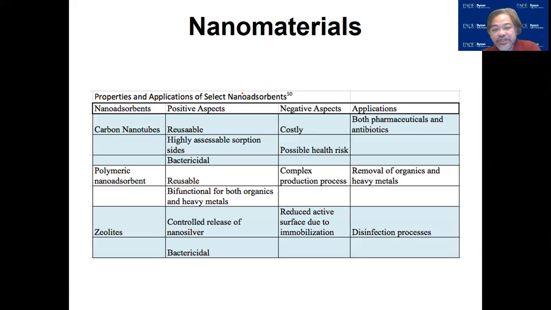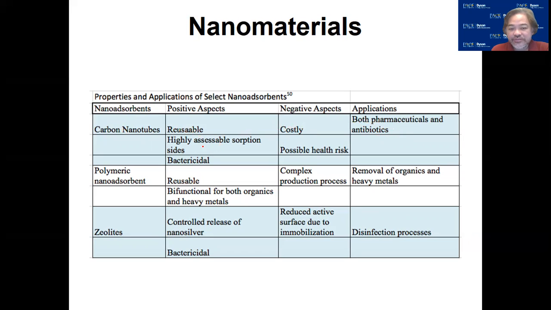Okay? So some of the nanoadsorbents that have already been reported are listed here. So you can see here carbon nanotube. So that's one of the first set of nanomaterials that has been studied. So they found it to be reusable, although it's costly. Okay, its application is both in the pharmaceutical and antibiotics.